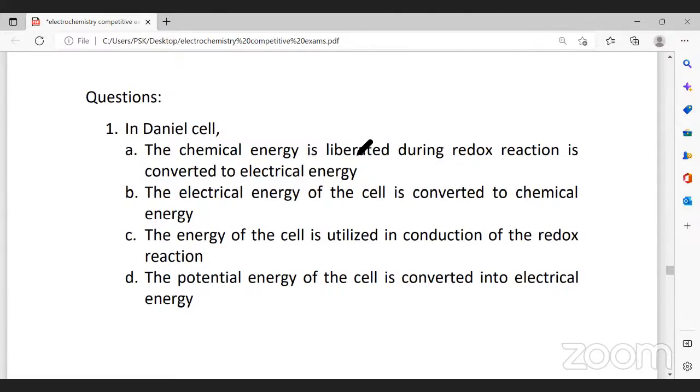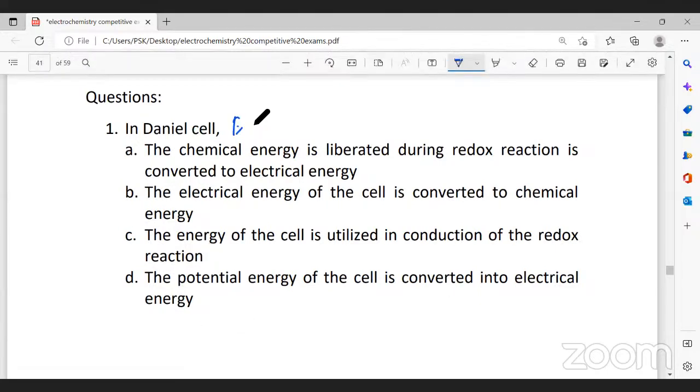Now, in Daniel's cell, the chemical energy liberated during redox reaction is converted to electrical energy. The electric energy of the cell is converted to chemical energy. The energy of the cell is utilized in the conduction of redox reaction. The potential energy of the cell is converted into electrical energy. Daniel's cell is an example for electrochemical cell. So in electrochemical cell, chemical energy is converted into what energy? Electrical energy.